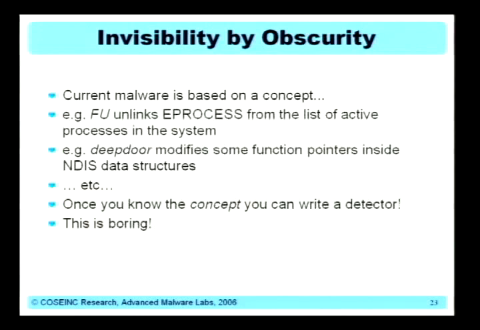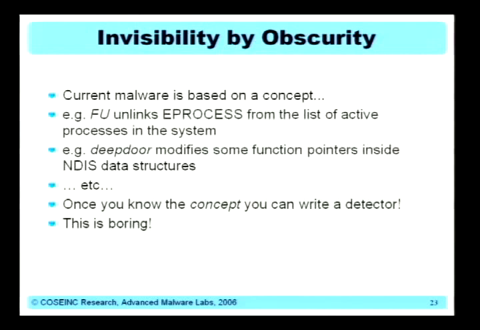But once we know the algorithm, once we know the concept of the rootkit, we can always write a detector. Sometimes we have some problems with the reliability of those detectors for different reasons. But theoretically, once we know the concept, it's trivial to write a detector.